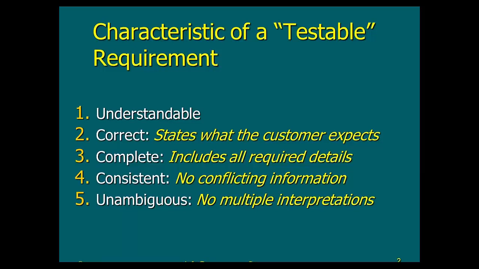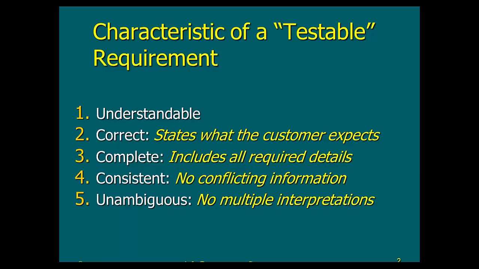Now, the truth is, when it comes to either requirements or user stories, if you're willing to believe my experience, none of the requirements, none of the user stories that I have seen, including the ones I personally write, none of them satisfies those conditions, okay? If you were to see a requirement that's simple enough, that's understandable, I can assure you 100% that that requirement is most likely incomplete and most likely ambiguous.